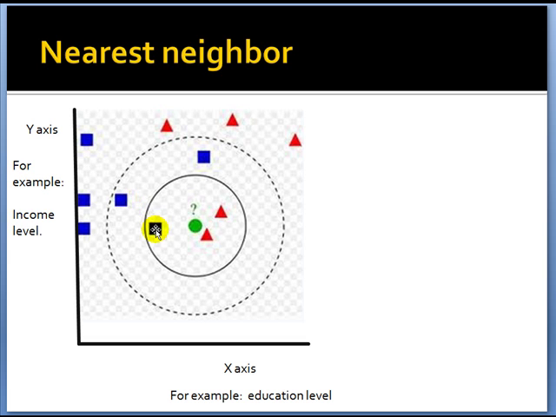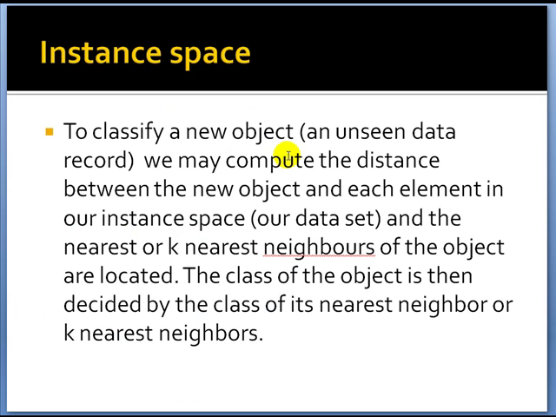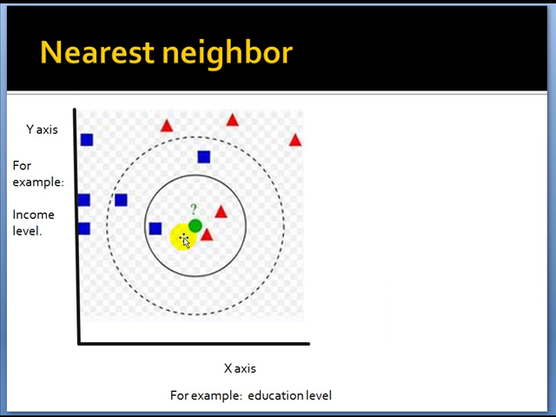There's 2 blue and 2 red, so I wouldn't really know which one to classify it as. If I look at the closest 3, then it's 2 to 1, so maybe I would classify it as red, or as a good candidate. You could also just use the nearest one. Since this is the nearest one, I'll classify it as red.